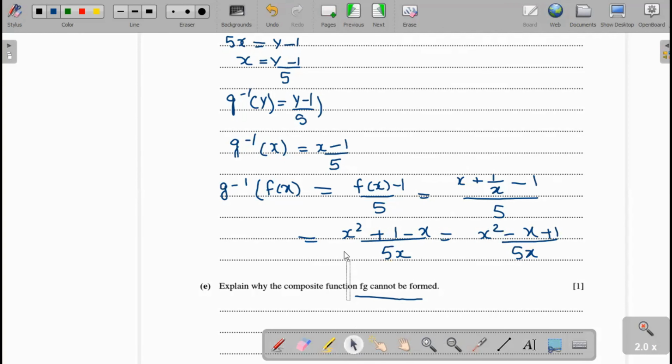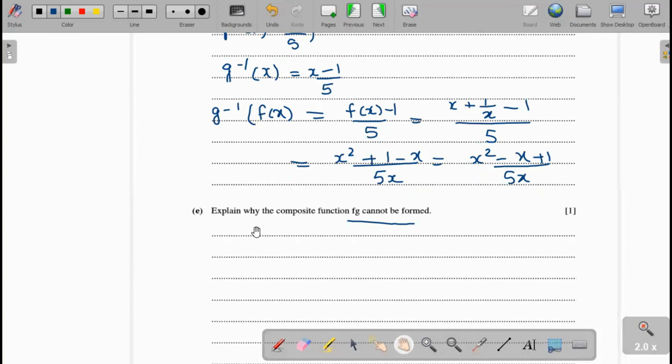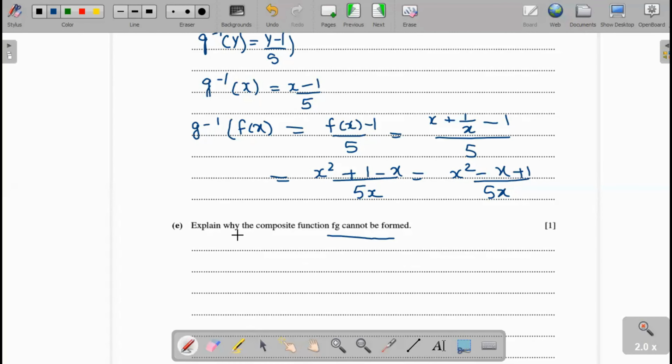In the next part, explain why the composite function fg cannot be formed. Now, here in part E, the composite function fg cannot be formed because the domain of f cannot include the whole range of g.